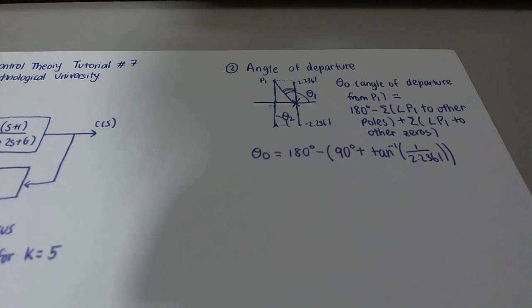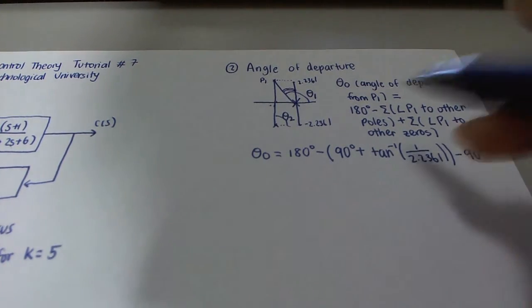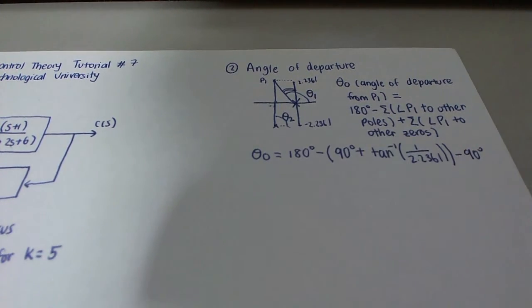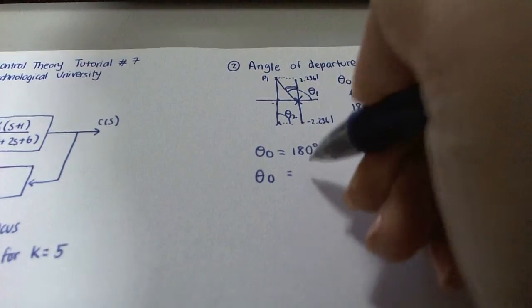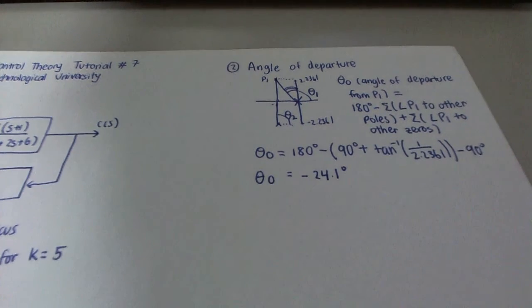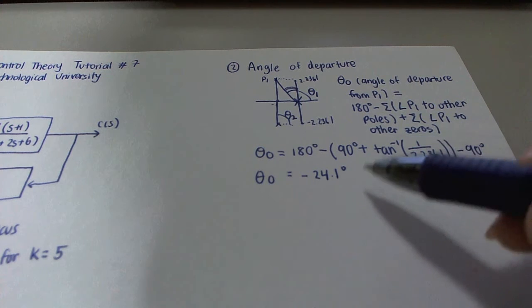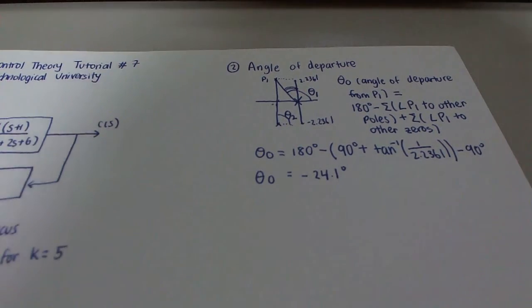And then we also have minus 90 degrees from θ2, and we get θ0 equals minus 24.1 degrees. So that is our angle of departure from P1 for the root locus.